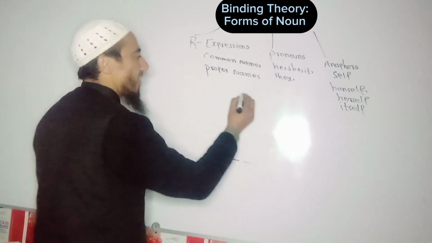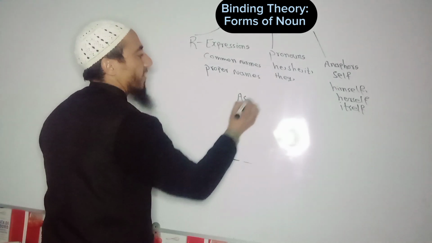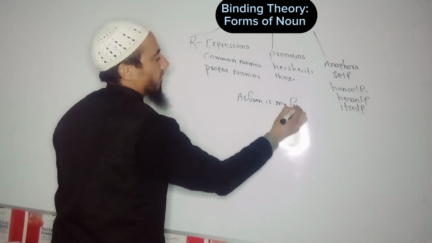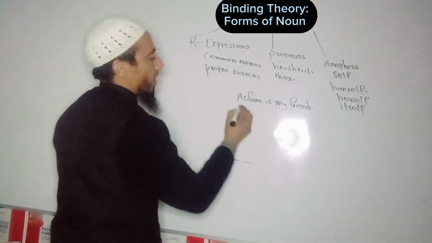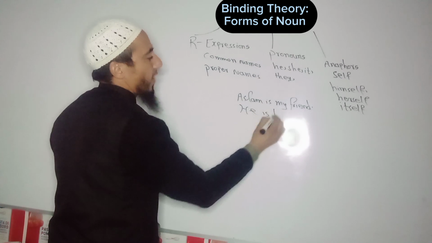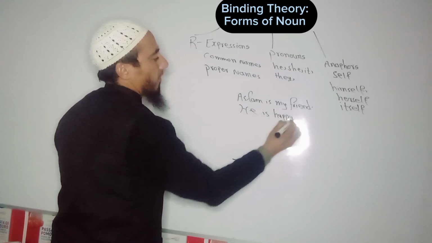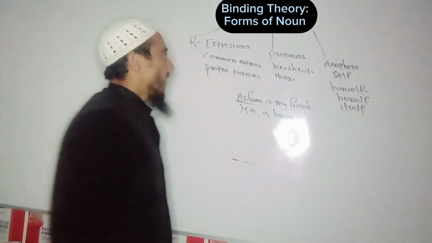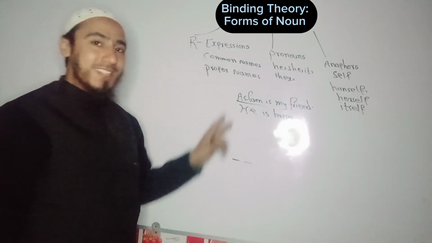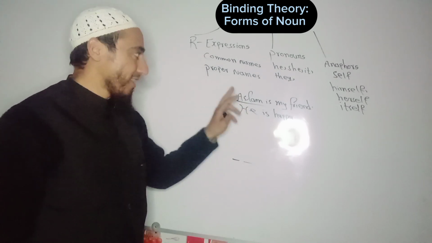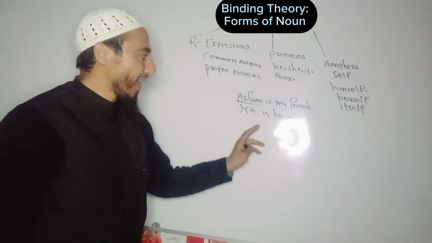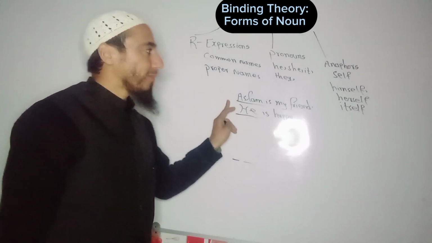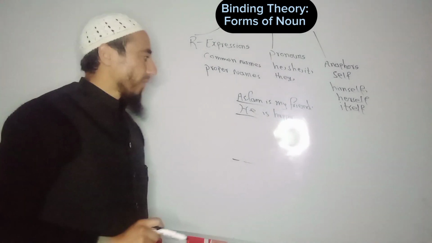For example, I see Aslam is my friend. He is happy. Listeners and audience, in this sentence you see Aslam. Here Aslam is our R-expression and it is a proper name. And here you see he; this he refers back to Aslam, so that's why it is a pronoun.